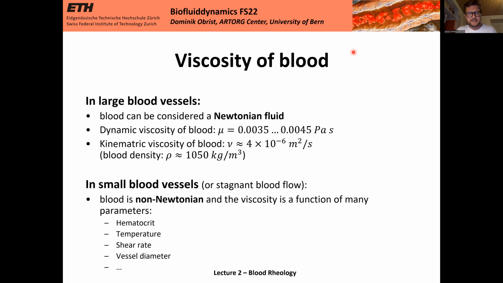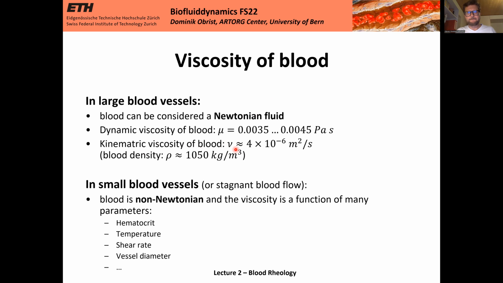If we look at the kinematic viscosity of blood, I hope you remember the kinematic viscosity nu is given as the dynamic viscosity divided by the density. This is just essentially shorthand notation: for mu divided by rho, we write nu.